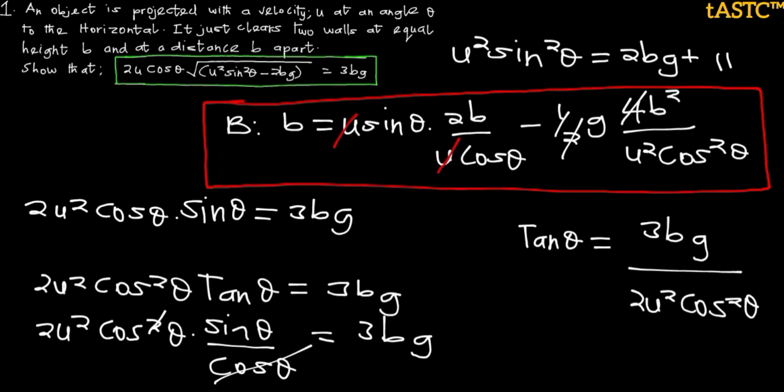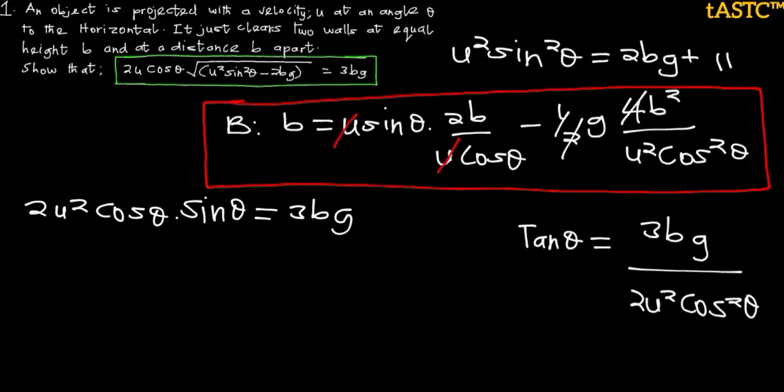So going forward, I'm going to write it this way. So that will be 2u squared. Well, I'm just going to change it to, let's start with u sine theta, we got u cosine theta, that is equal to 3bg.